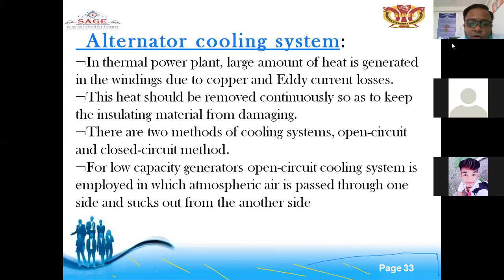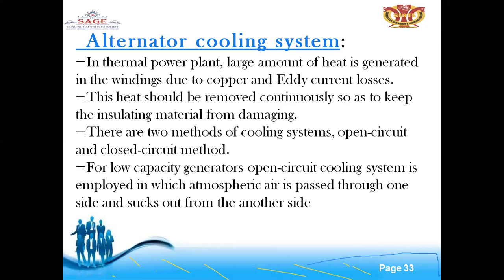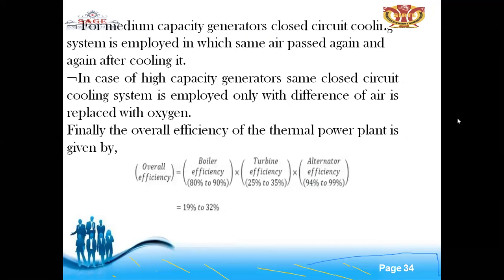For low capacity generators, an open circuit cooling system is employed in which atmospheric air is passed through one side and sucked out from the other side. For medium capacity generators, a closed circuit cooling system is employed in which the same air is passed again and again after cooling it. In case of high capacity generators, the same closed circuit cooling system is employed, with the difference that air is replaced with hydrogen.